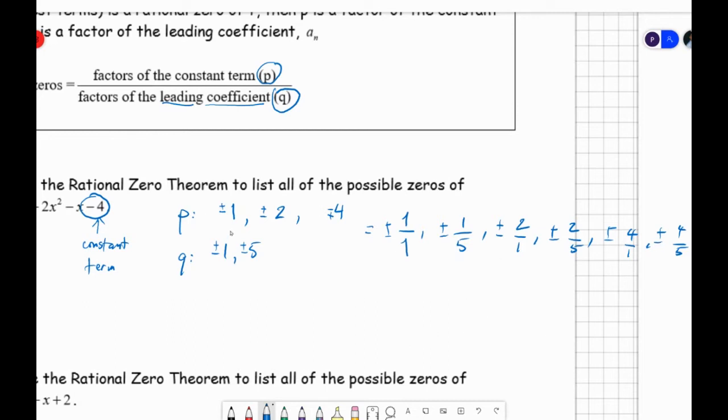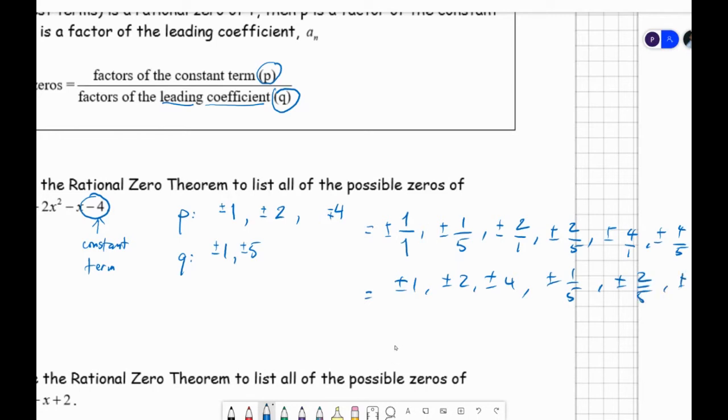Another way to do it is I can take all of these factors of p and divide by each factor of q. So we're just going to reverse it, right? This way may be quicker because I'm doing all of p at once. So plus or minus 1, 2, and 4. And then that's all of these factors over 1 and all of these factors over 5: 1/5, 2/5, 4/5.